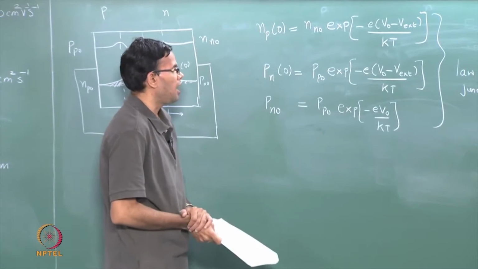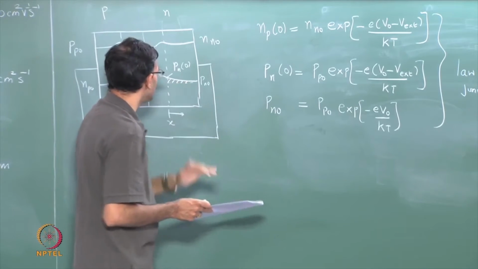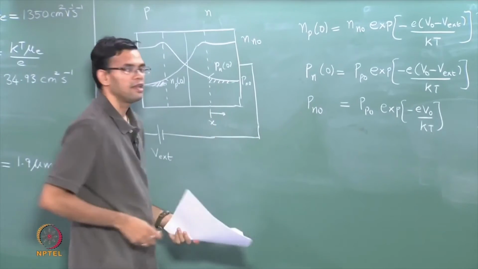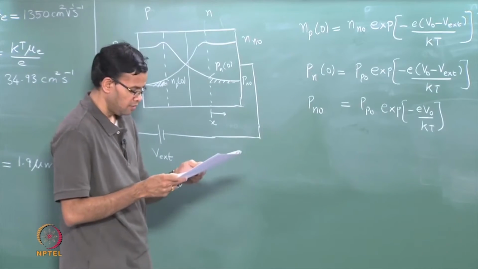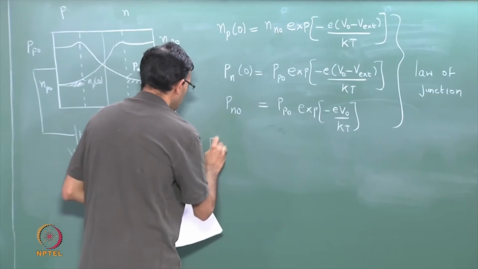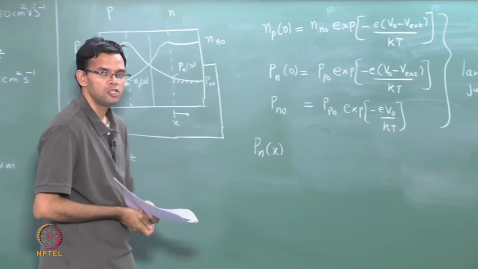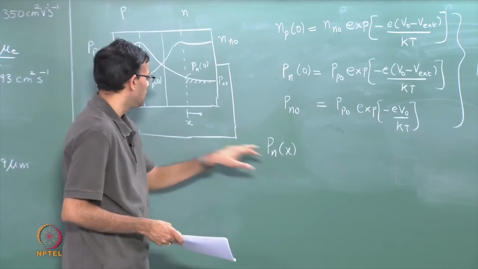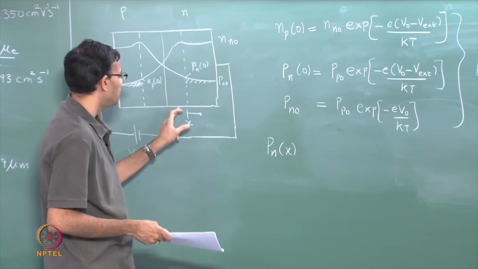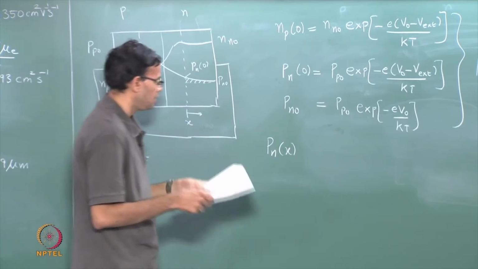So, we saw that we have these excess carriers, and as you move away from the depletion region, the excess carriers start to recombine and they ultimately are annihilated. So, we can write down the expression for the excess holes on the n side as a function of distance x. X is measured from the boundary between the depletion region and the bulk of the n side.